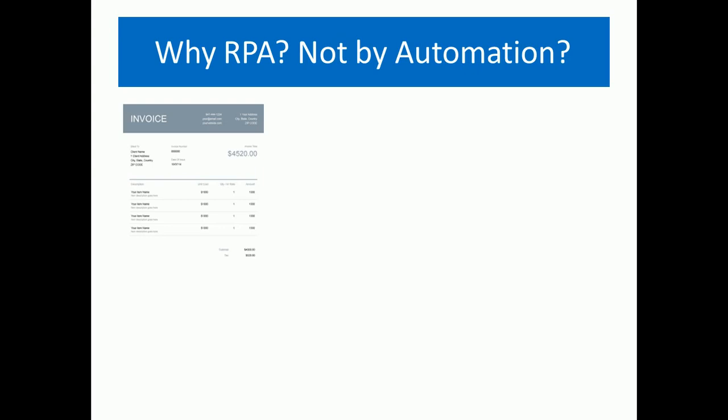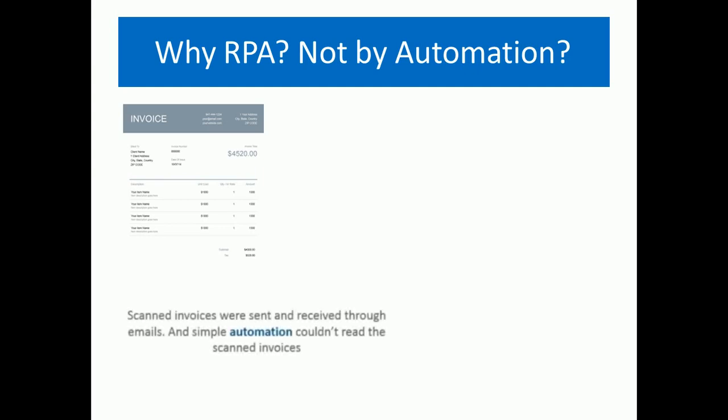This is not possible using automation. These are all scanned copies or images, and we cannot get all this data using these automation tools. So we have to go with RPA.